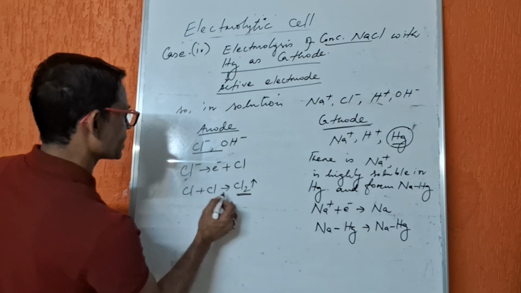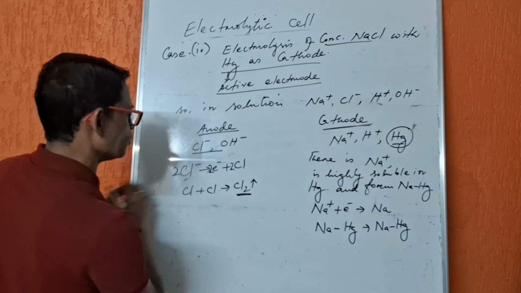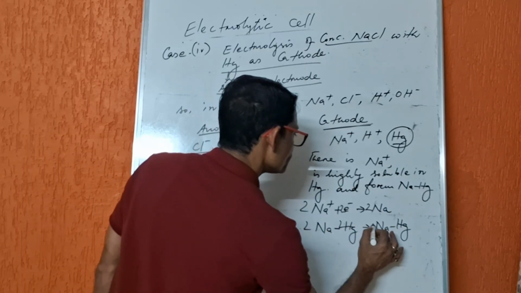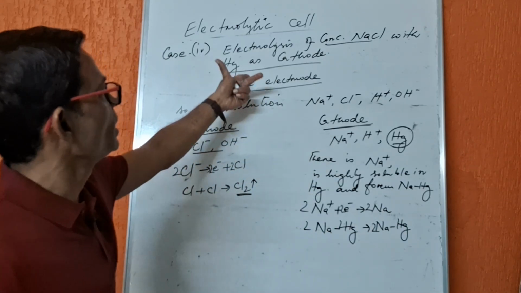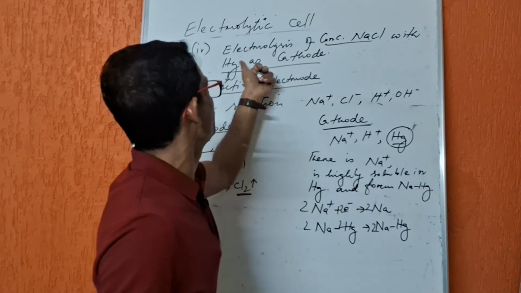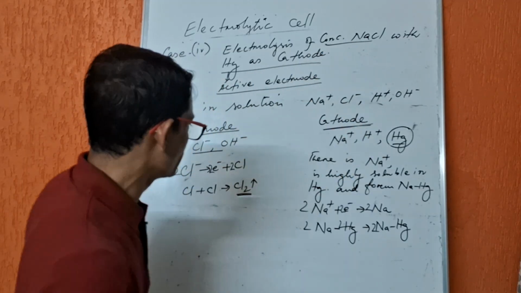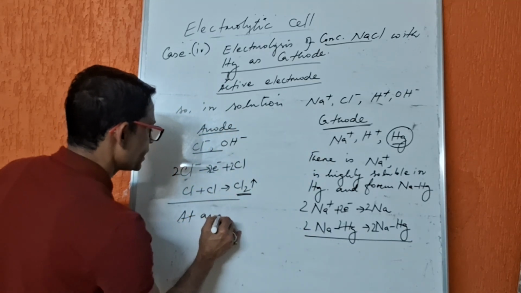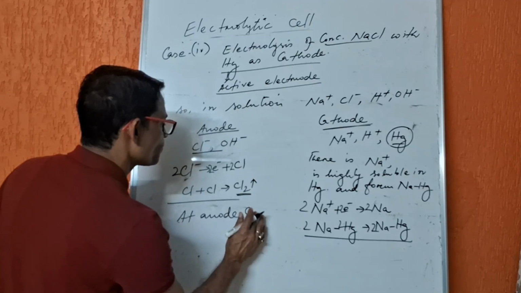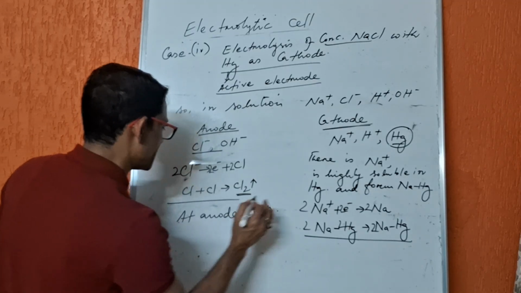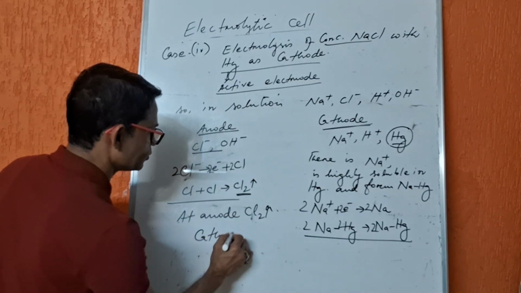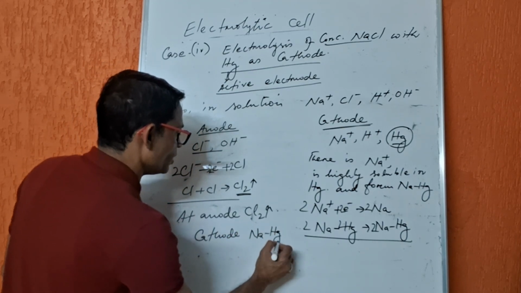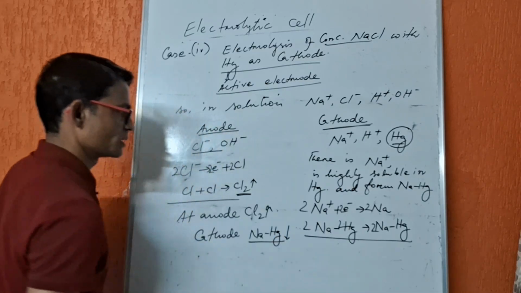So ultimately the product will be like this. If we balance the electrons, 2, 2, 2. So when electrolysis of concentrated sodium chloride is done with mercury as electrode, at the anode Cl2 will be produced, and at the cathode sodium amalgam is formed.